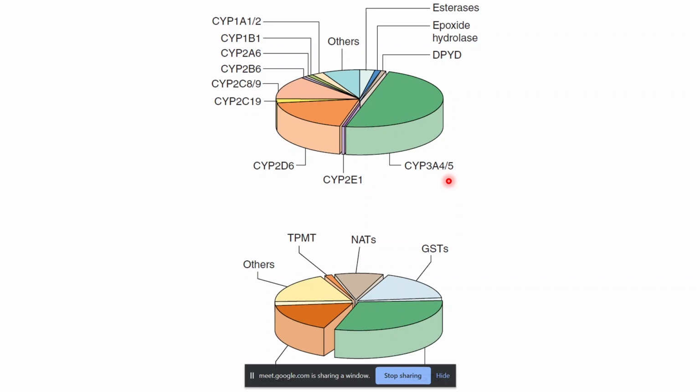And some drugs will irreversibly inhibit the P450 via covalent interaction.